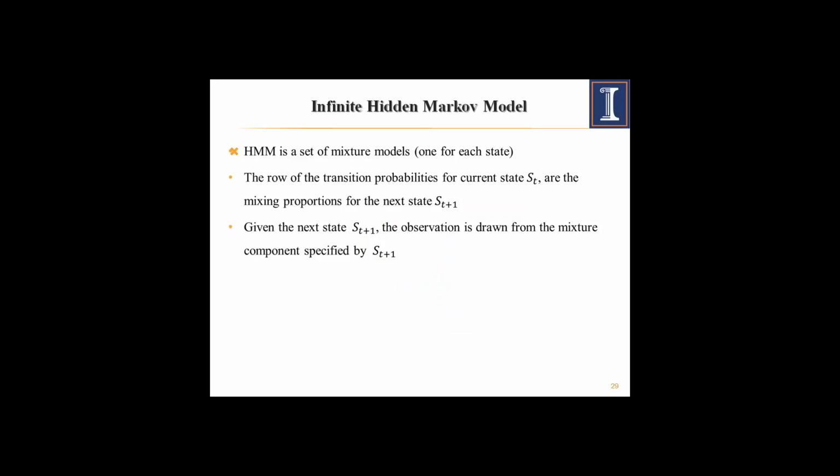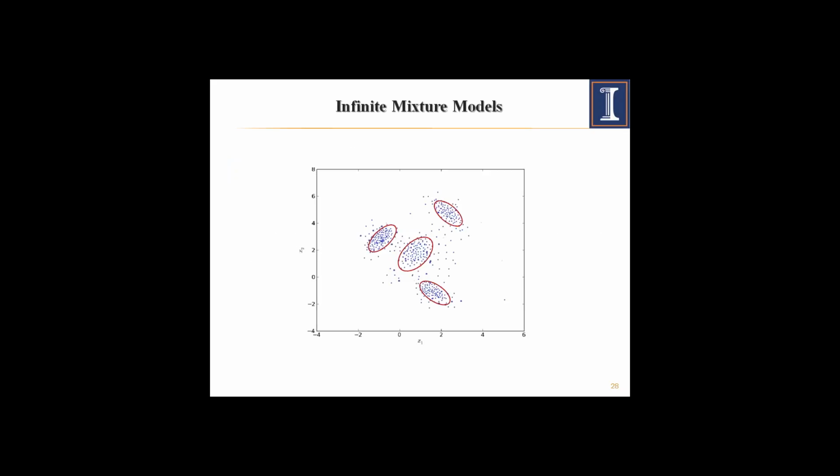Infinite hidden Markov model or hidden Markov model can be seen as a set of mixture models. Each row of a transition matrix for each state can be seen as the mixing proportion. I said that here we want to find the probability that each data point comes from a specific Gaussian distribution.